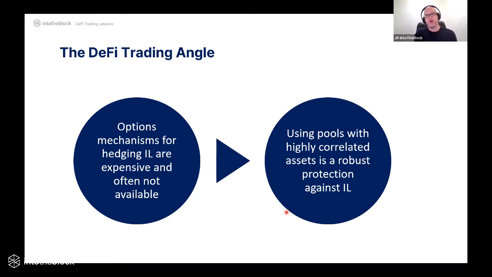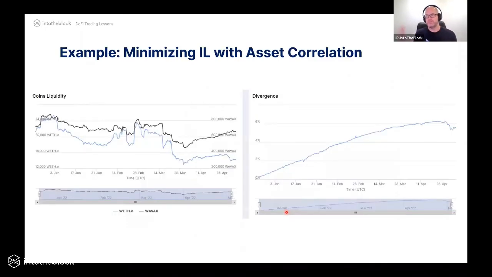Now, one area that we have had a lot of success with is finding pools with assets that are largely correlated, so they move in tandem up and down. There is no divergence between the two, which is what causes impermanent loss, and we monitor that block by block. This is an example of a position with dozens of millions in AVAX and ETH.